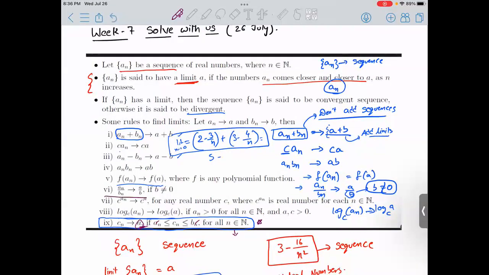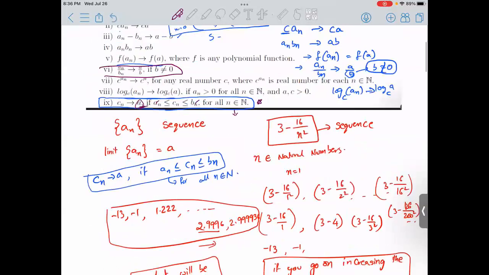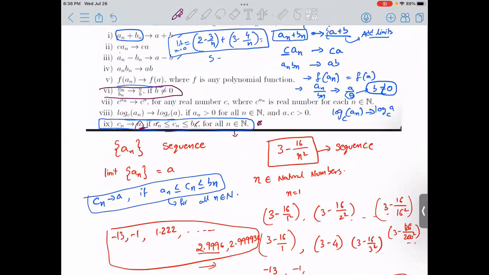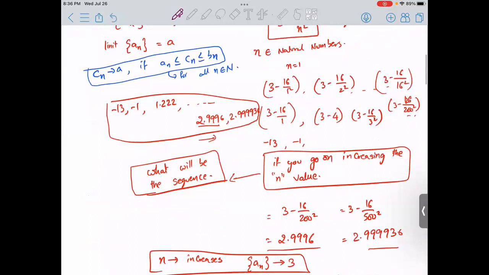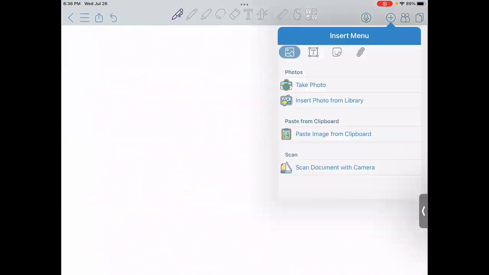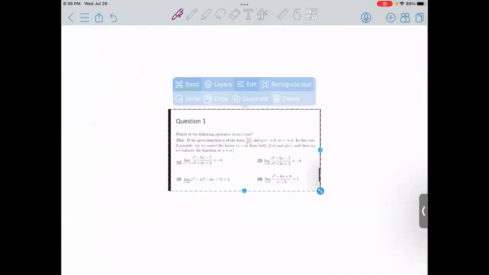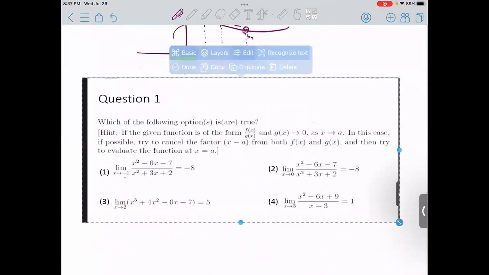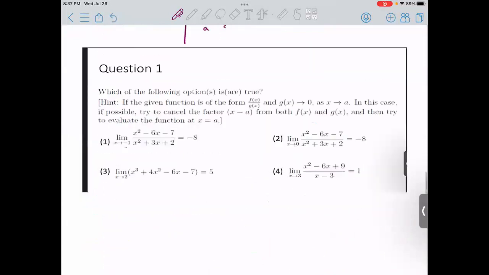Yeah, sorry, I wrote B only. Bn is a sequence, so it must contain n. So Bn can't be equal to 0, because it is a sequence now. It must be a function of n. Then the limit is not possible if Bn is equal to 0.